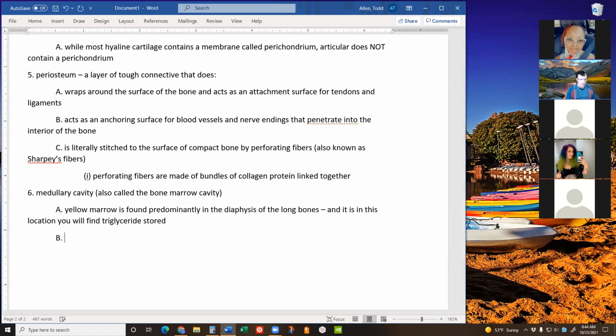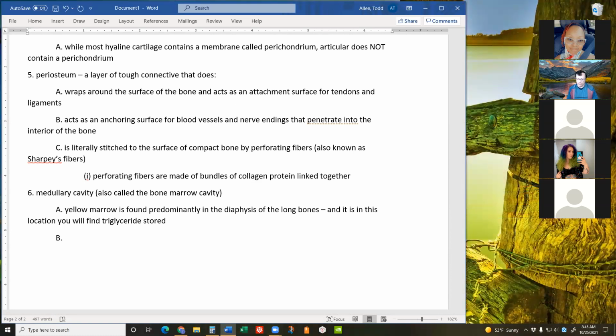Okay. You will find some red bone marrow in a long bone, typically in the epiphyseal and metaphyseal regions. Red bone marrow is found in the epiphyseal and metaphyseal regions of a long bone. Okay.